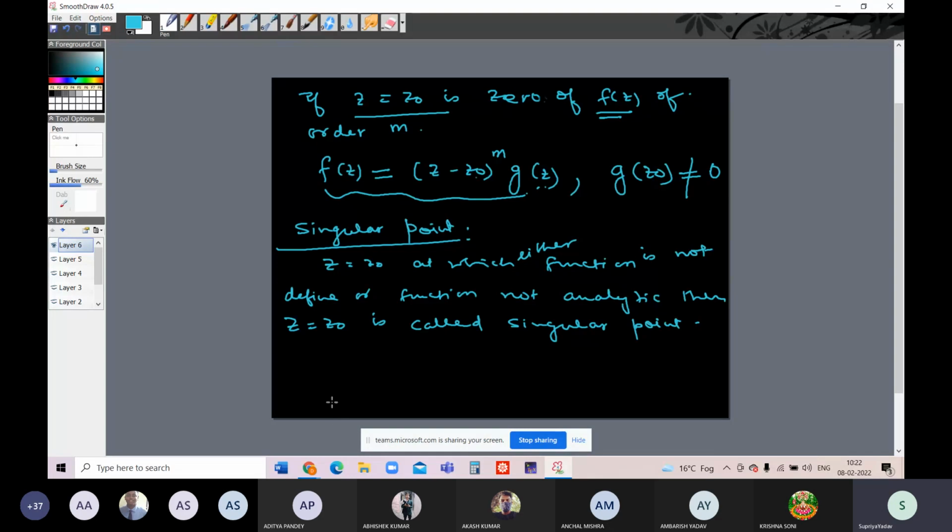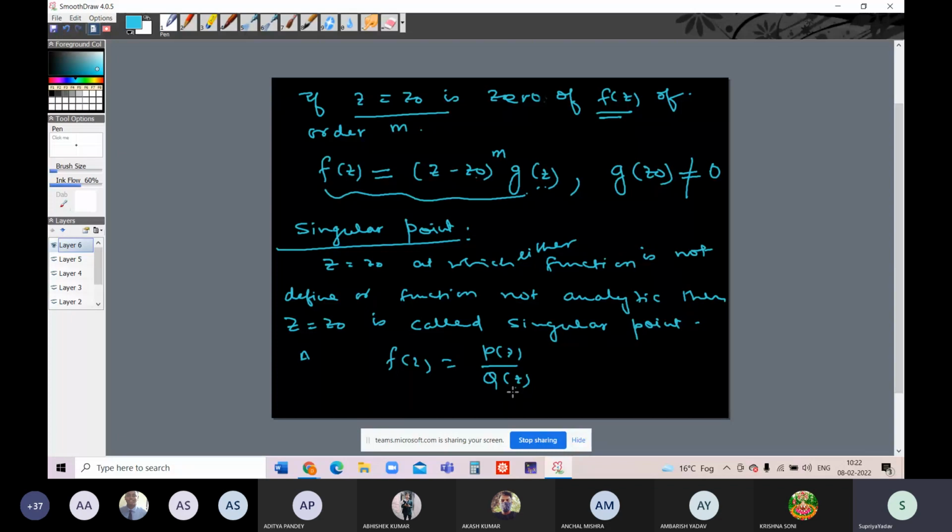A rational function, you know about the rational function, must be of this type p(z)/q(z), where p(z) is a polynomial in z and q(z) is also a polynomial in z. You know that this function is analytic and defined everywhere except the point where the denominator is 0.